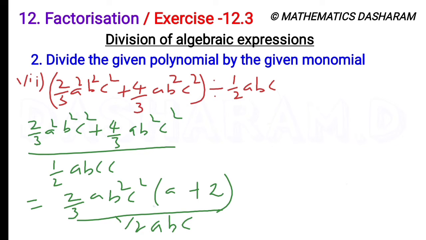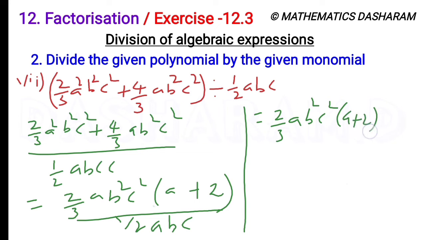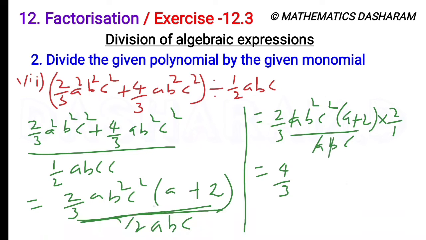So it is equal to 2 by 3 a b square c square into a plus 2. Here a fraction is given, so that means the fraction will be reversed. So 2 by 1 into 1 by a b c. So now 2 2s are 4 by 3, and here a cancels, b square cancels, c square cancels.